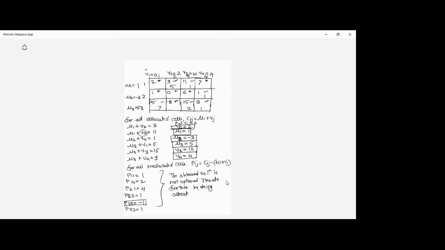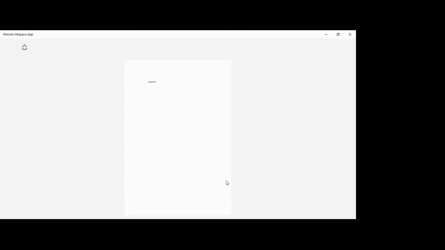by doing allocation. We have only one cell, that is 2, 3, so in 2, 3 we have to do the allocation. I'm going to write the previous solution for which we are going to do the iteration, and not the VAM solution.